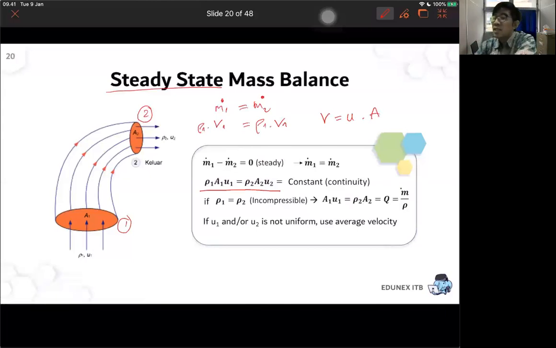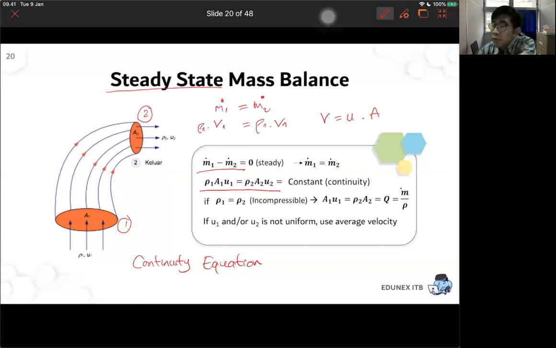Okay, this is the equation of continuity. So basically, the continuity equation is the mass balance equation in steady state. The mass flow rate is always the same, always constant along the flow. It's the continuum.